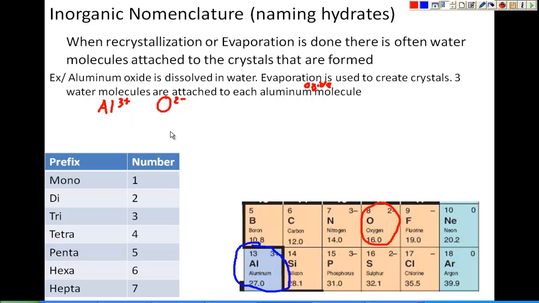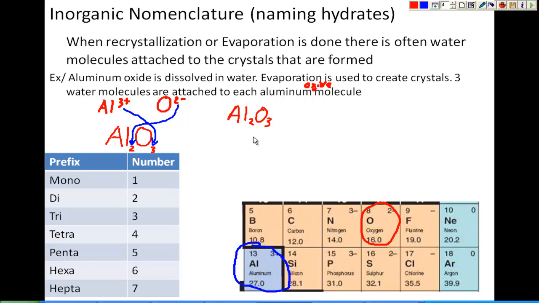So therefore, when we write aluminum oxide, we're just going to write Al, then we're going to write O, and this one is going to go right there, and this one is going to go right there. And so it's going to become Al2O3. Okay, so here's aluminum oxide.